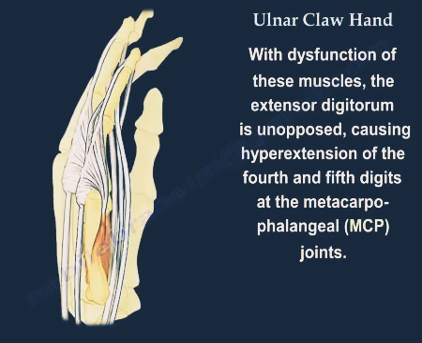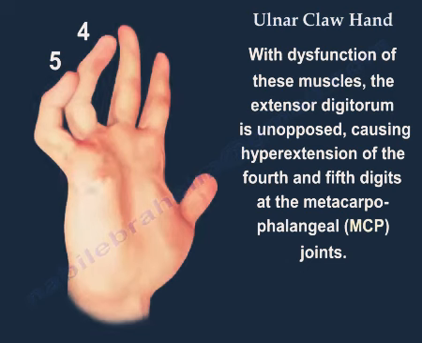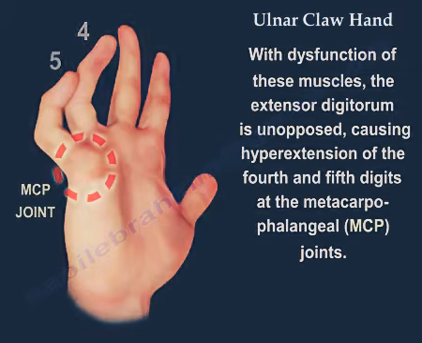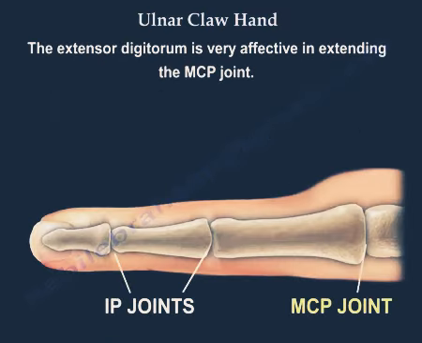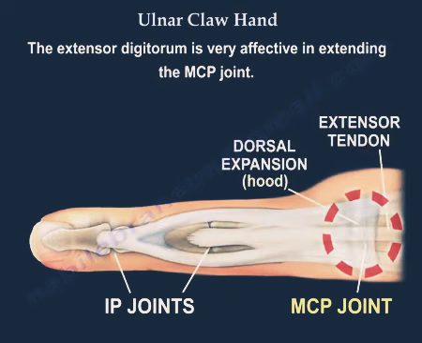With dysfunction of these muscles, the extensor digitorum is unopposed, causing hyperextension of the fourth and fifth digits at the MCP joints. The extensor digitorum is very effective in extending the MCP joint.